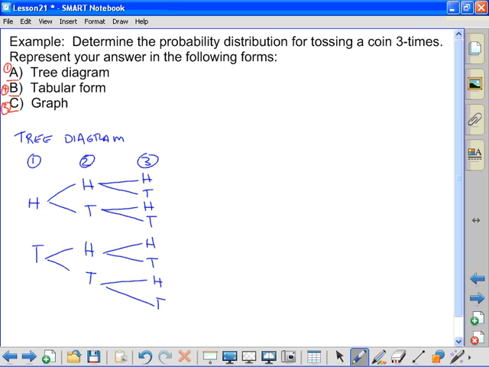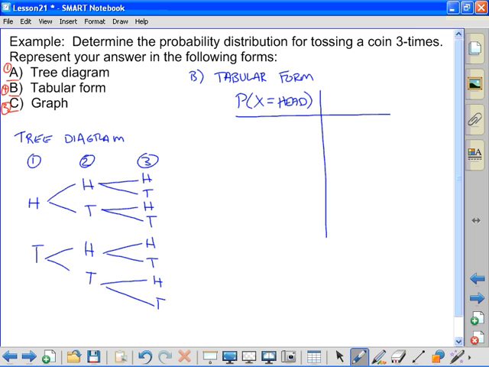All right. Now, tabular form, B part. Tabular form is basically setting up a T-chart for us, and I'll do it in terms of heads here. We've got to pick one particular one.